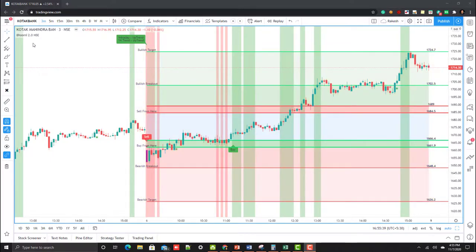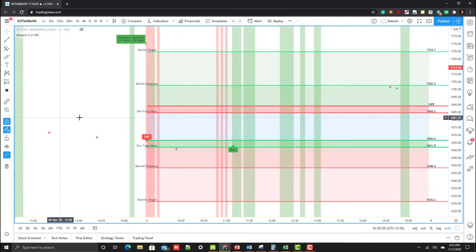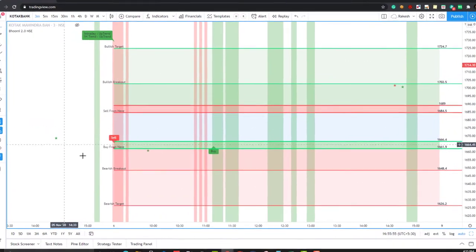I'll take a moment here and walk you through these levels, as they will help you in right entries, stop loss and targets. So I'll take out the price for a moment, and this is how the levels are shown on your chart.